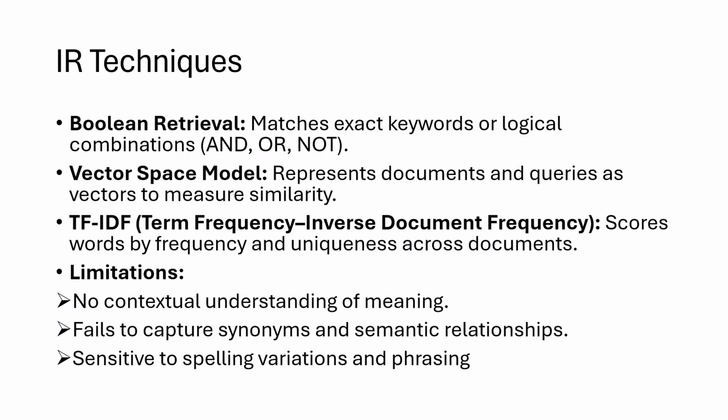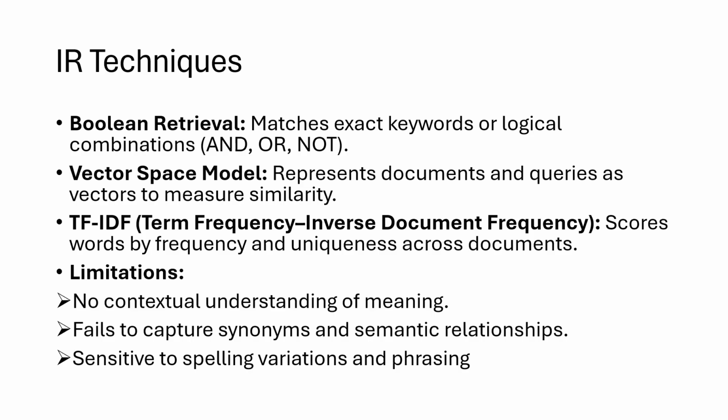But there are some limitations in these information retrieval techniques. The major limit is contextual understanding of meaning. They don't understand the context or synonyms and are sensitive to variations in phrasing.